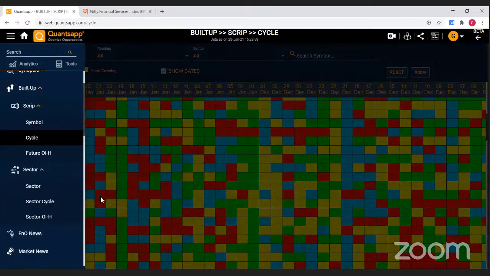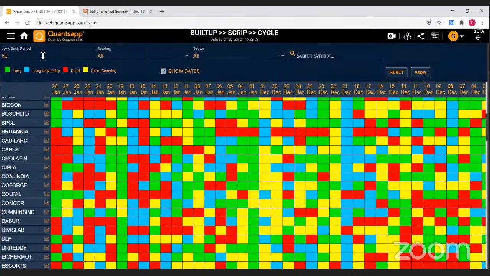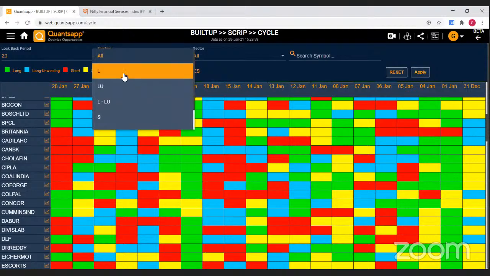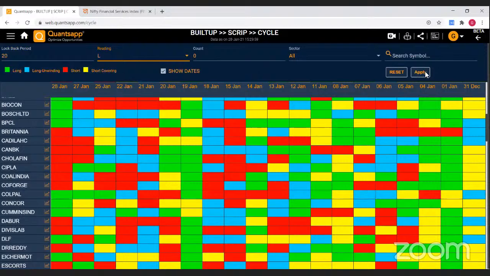In the same way, you can also look sector-wise when you go to the sector cycle. Say I want to see the last 20 days. Now I'm getting the data for the last 20 days. We're going to sort slowly so you will be able to understand. Now I want to see which stocks in the last 20 days had long build-up, so I will be searching long. As soon as I take 20 days as my look-back period, I'm seeing which ones had long and how many times.